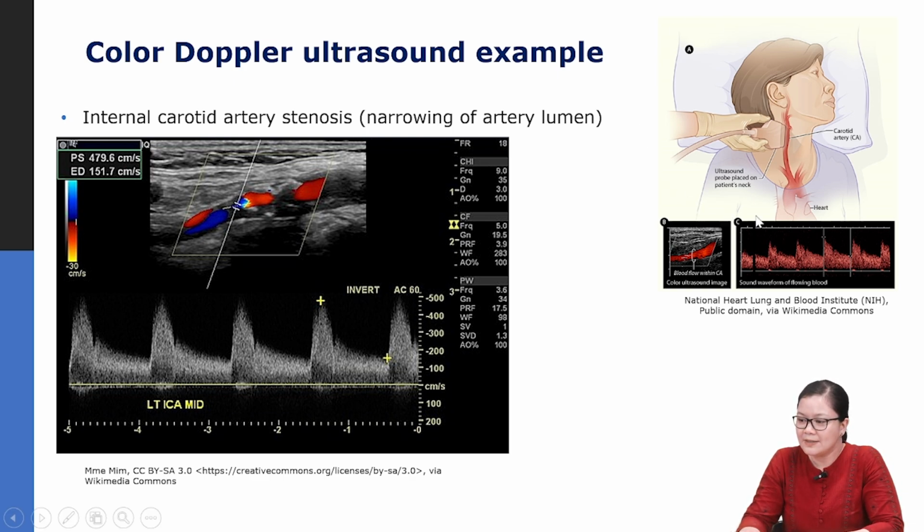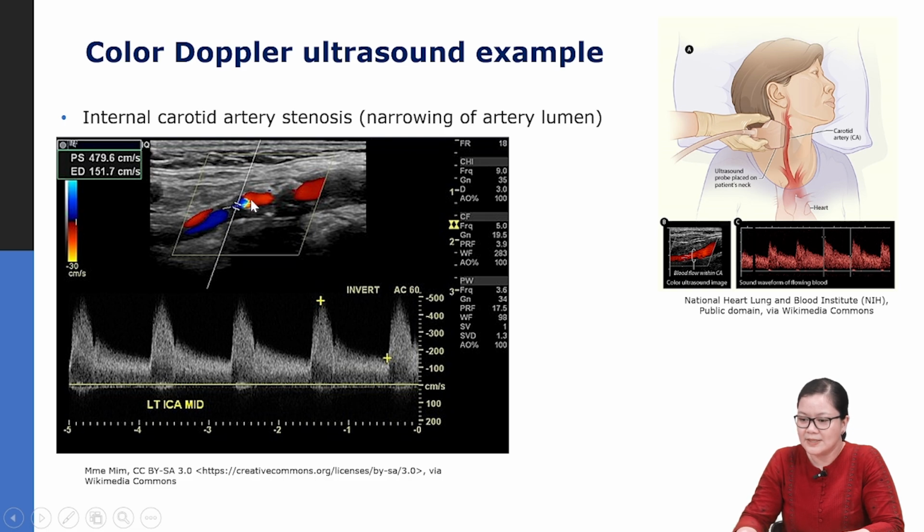This procedure is important in the clinic to gauge how much blood flow is going into the brain, because your carotid artery is one of the main vessels that move blood from your heart to your brain. If that gets blocked, then a person can experience what's called a stroke, a lack of blood flow to the brain.